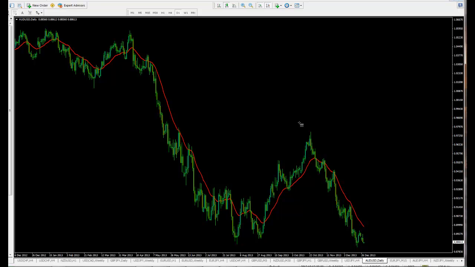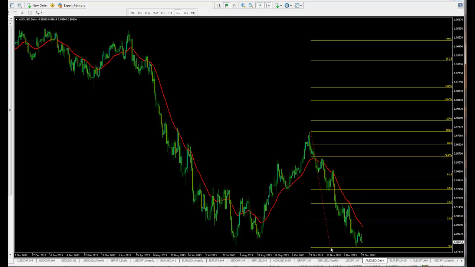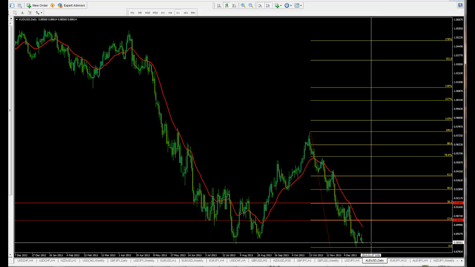So this could easily come to at least a 23% retracement, which would be up in this area, or a 38. But 23% is usually your minimum retracement if you're going to have a continuation. And even if it came to that 23%, you're looking at a possible 180 pip movement, or the 38% is 316.